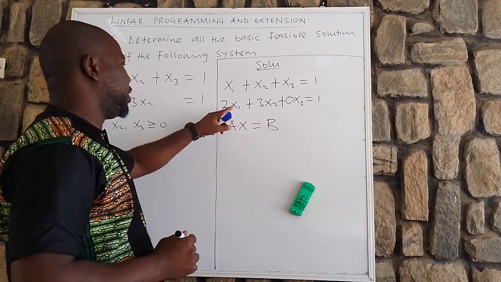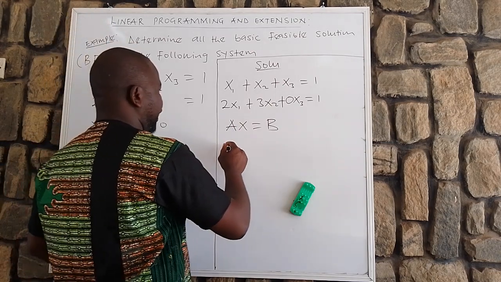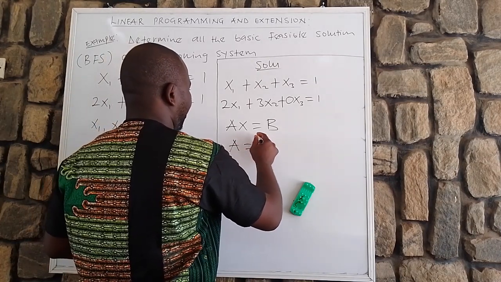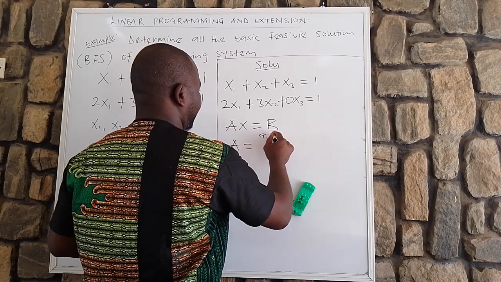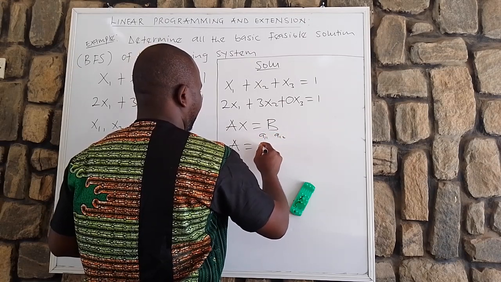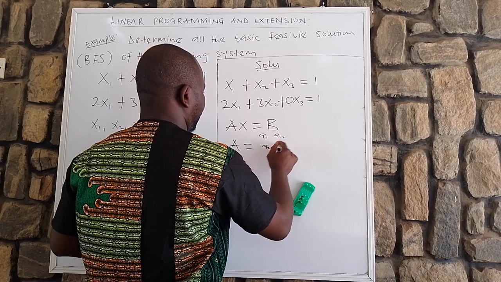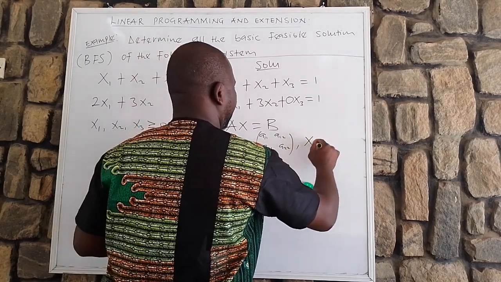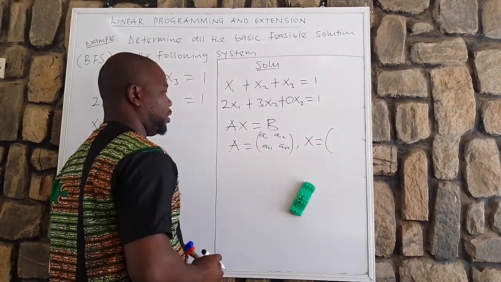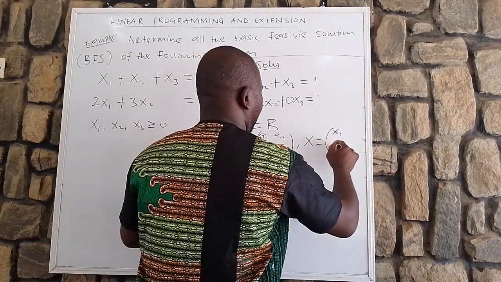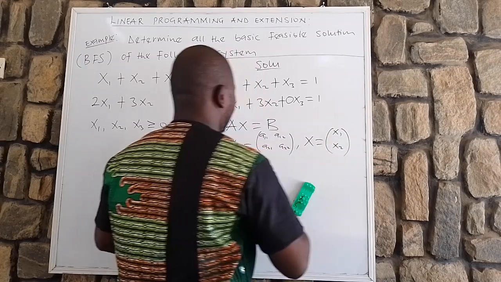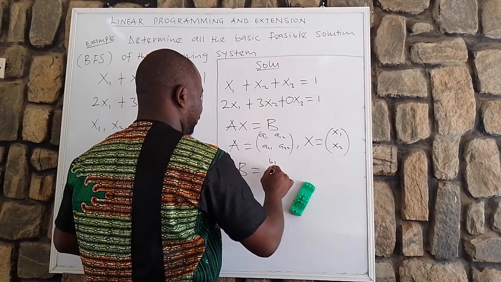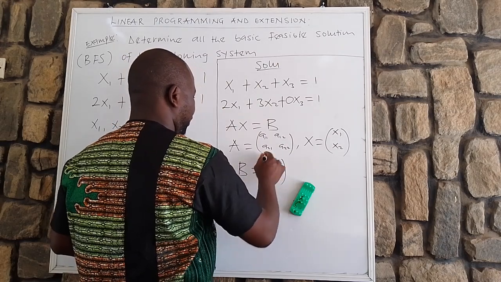Our A is A11, A12, A21, A22; then our x, if it is a 2 by 2 matrix, is x1, x2; then our b will be b1 and b2, isn't it?